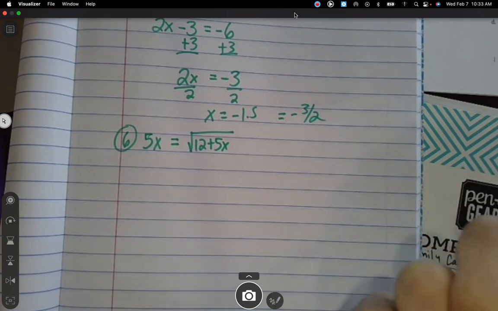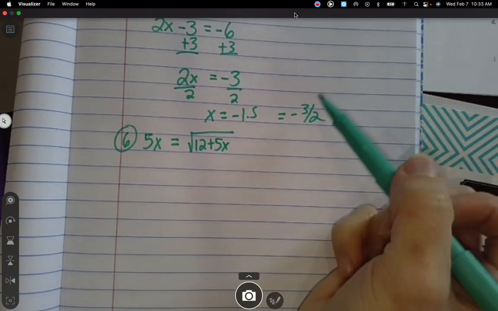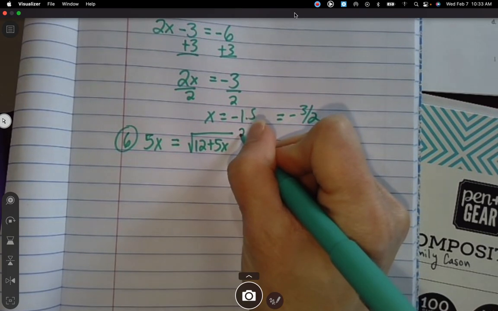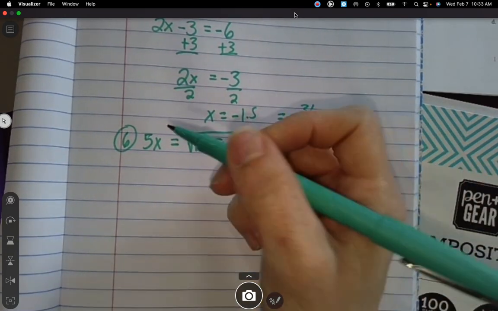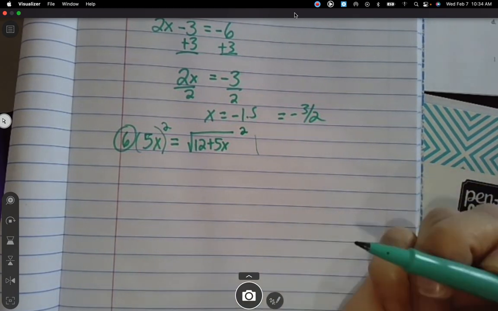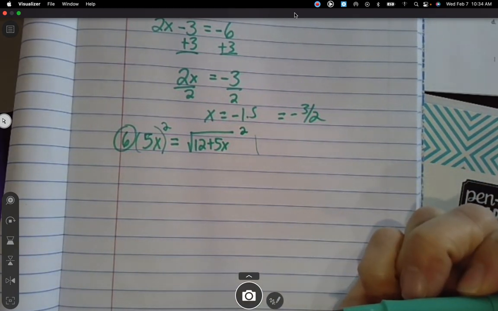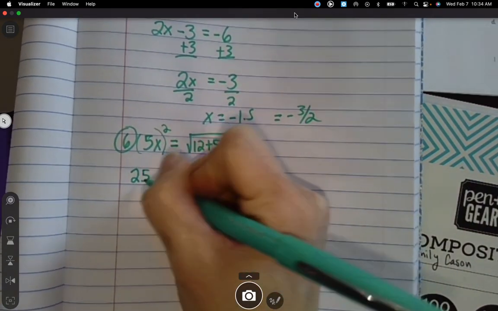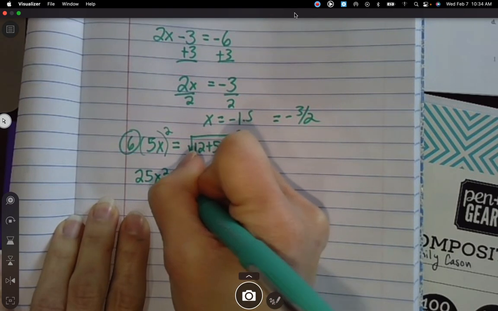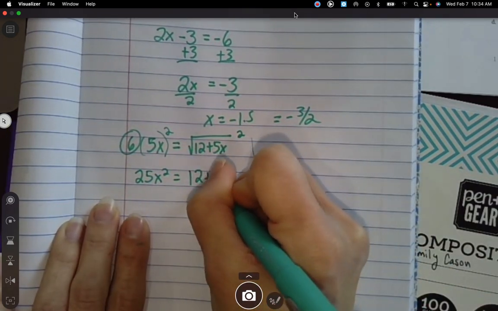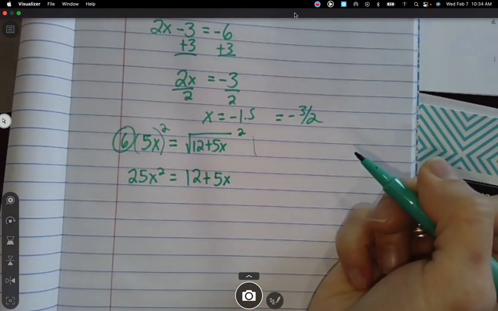So we'll want to go back and plug it in and see. Okay? So on this one, how do I get rid of this square root? If I square this side, please be careful here. I must also square all of that side. Both of those things. Okay, what is 5 squared? 25. And don't forget the x squared. And then if I square that over here, I get 12 plus 5x.